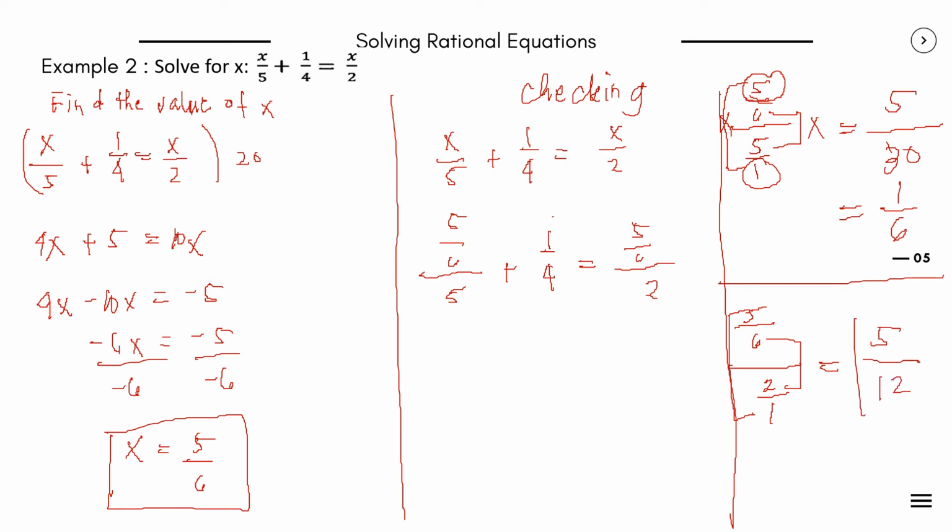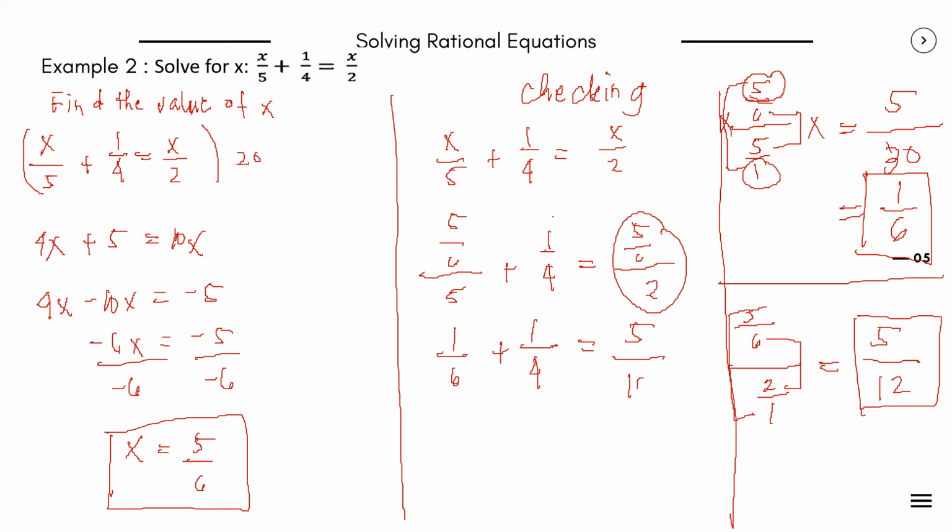Okay, ayan siya. So, yun yung simplify natin. Ito 5 over 6 over 5, magiging 1 over 6 na lang, plus 1/4 is equals to, ito, magiging 5 over 12 na siya, kasi na-simplify natin siya. Okay?